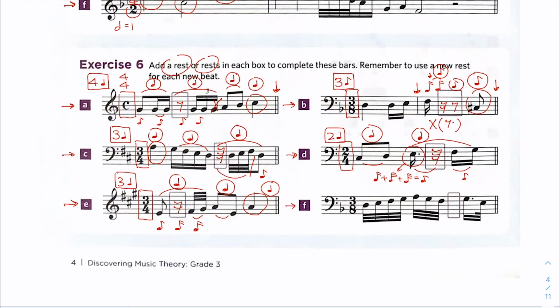Question F, 3/8 time, which means 3 quavers in 1 bar. There is only 1 bar here. These 4 demisemiquavers make 1 quaver, so that's beat 1. Then there are only 3 demisemiquavers, so it's not yet 1 quaver. Let's go to the end of the music.